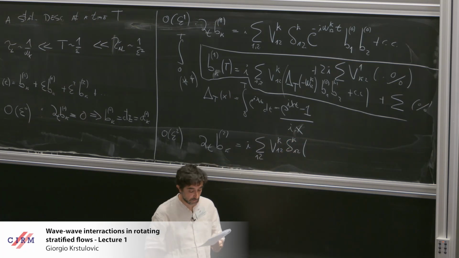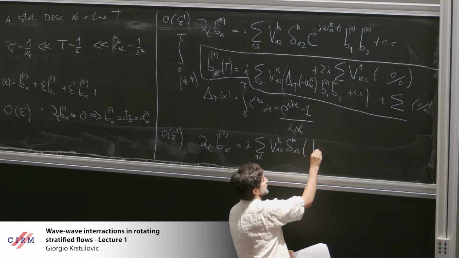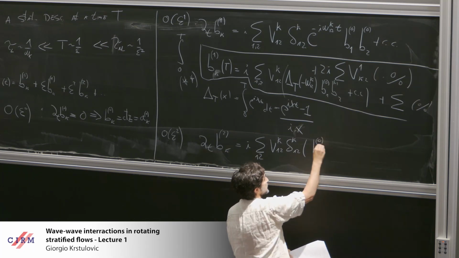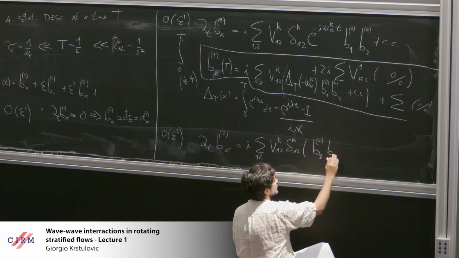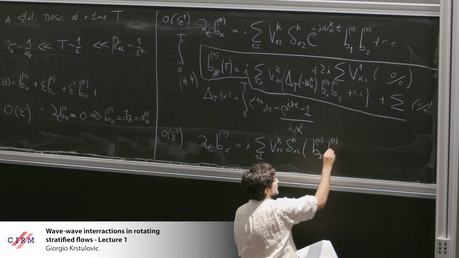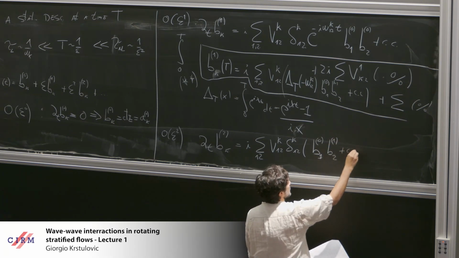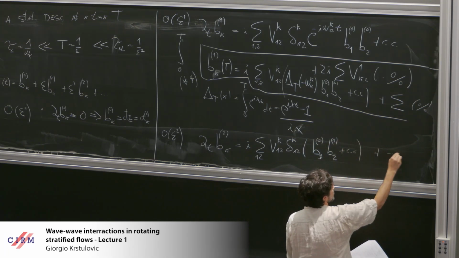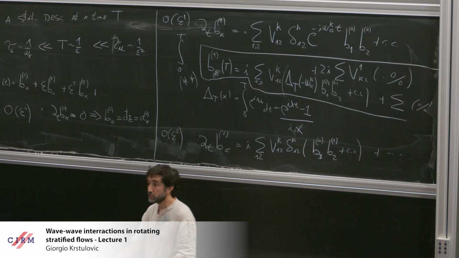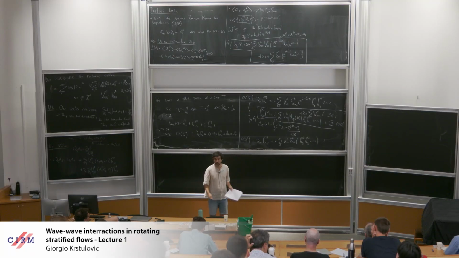So it's the second order. Typically you will get, for instance, B1 order 0 times B2 order 1, plus other terms. If you want to derive the whole kinetic equation, you need to compute them.